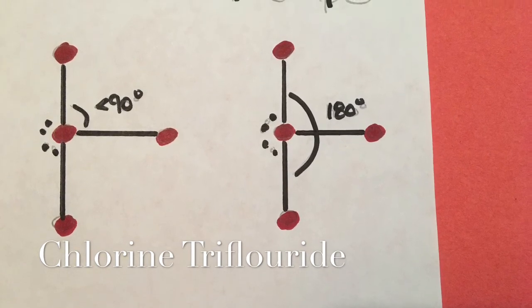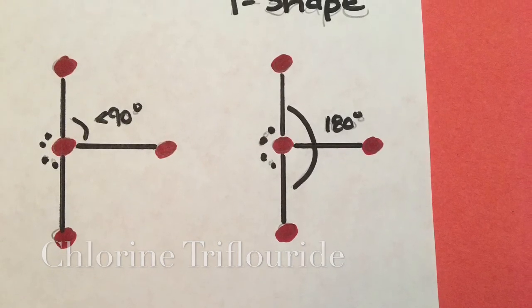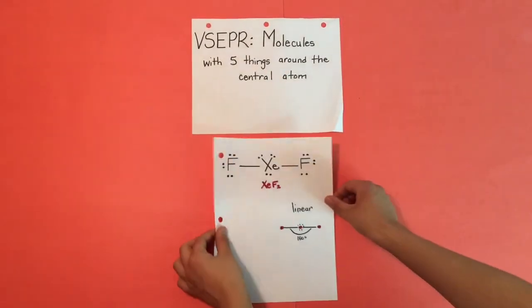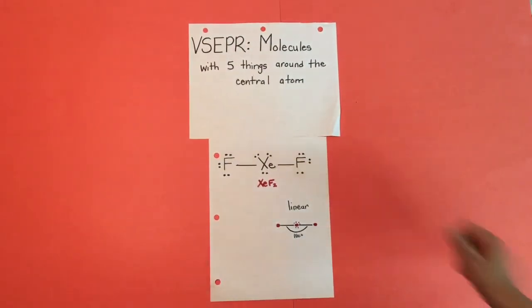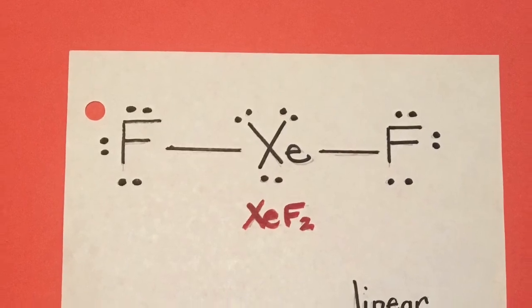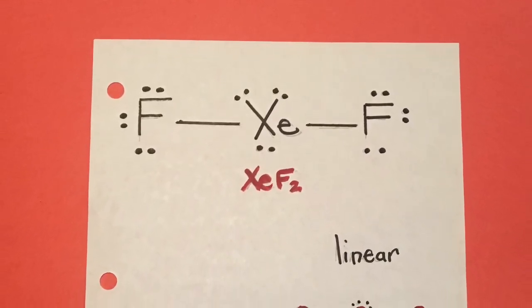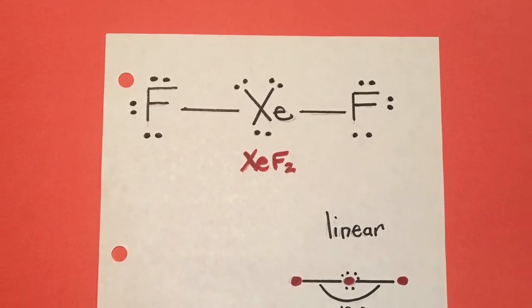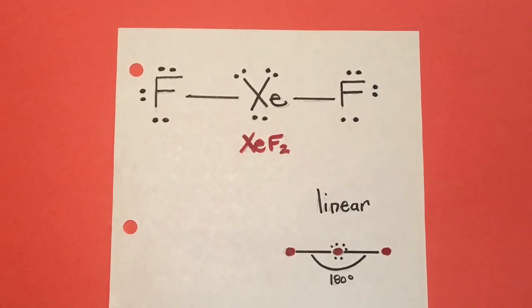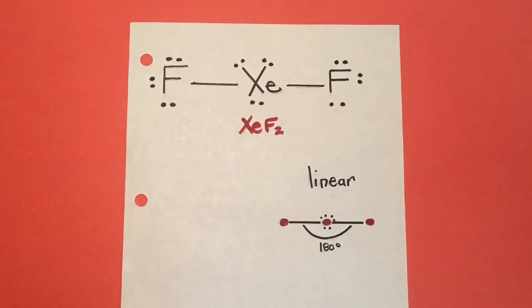The bond angles here are under 90 and 180 degrees. In molecules with 2 bonding pairs and 3 non-bonding electron pairs, when the 3 pairs of non-bonding electrons on this atom are placed in equatorial positions, we get a linear molecule with 180 degree angles between the atoms.